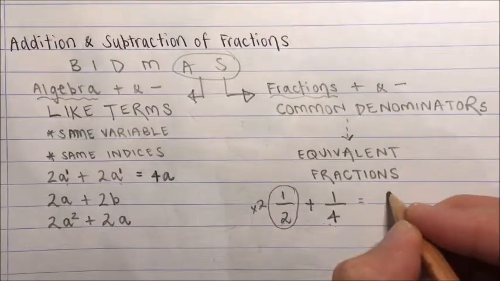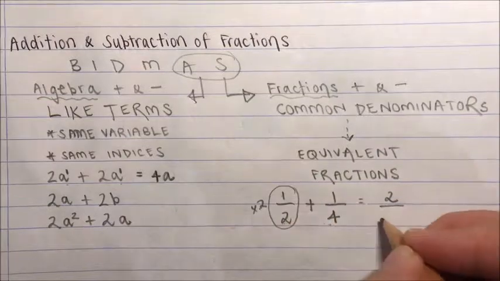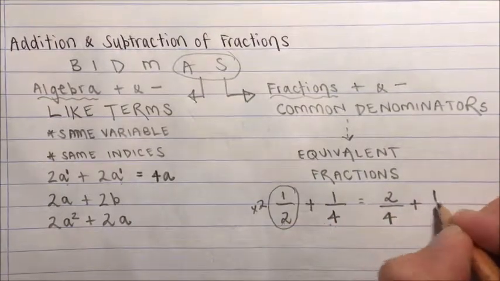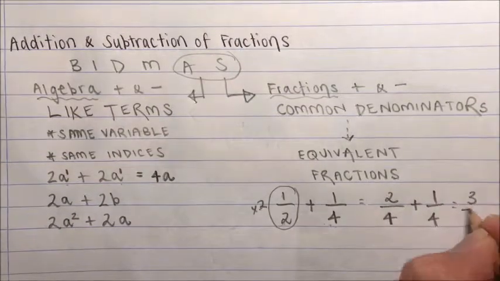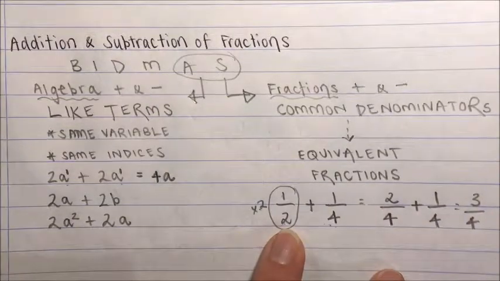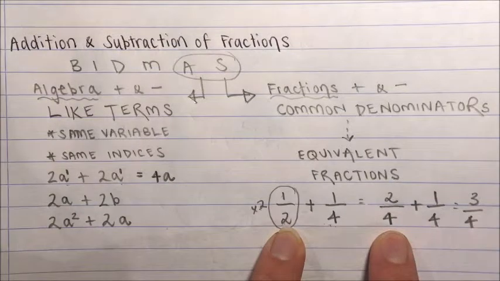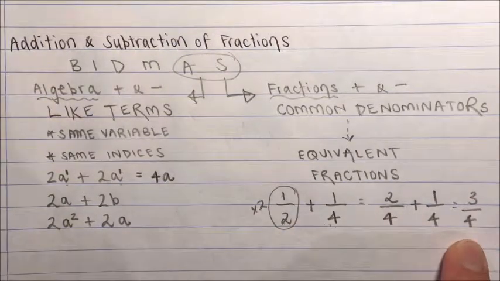So 1 times 2 is 2, 1 times 4... 2 times 2 is 4. Now I can add it up, and I'm going to get 3/4. What I've done here is that 1/2 is equivalent to 2/4. But because I created a common denominator, now I can add them together.